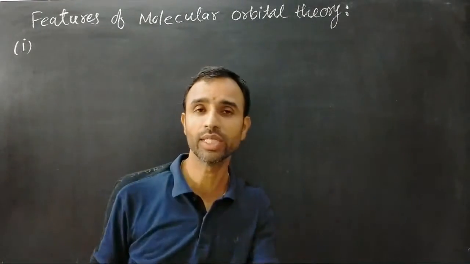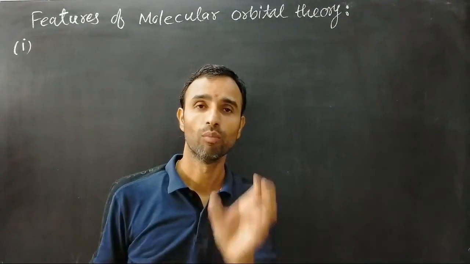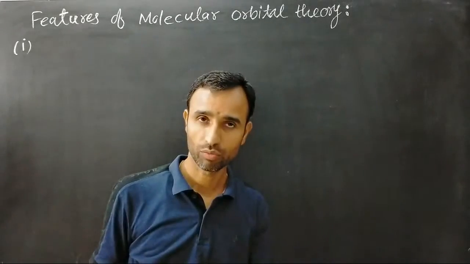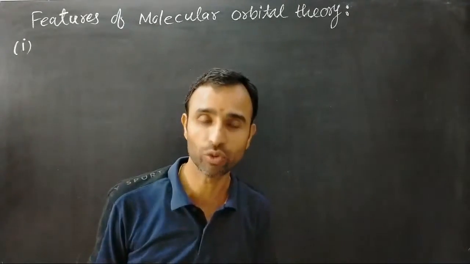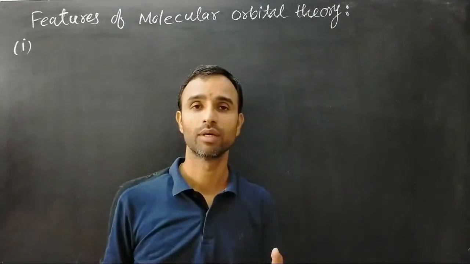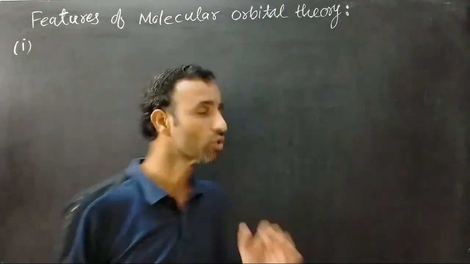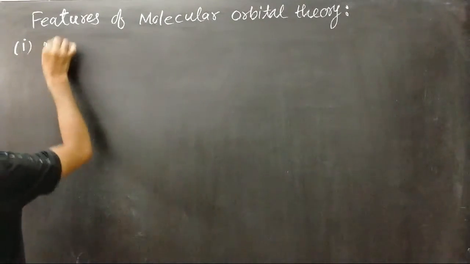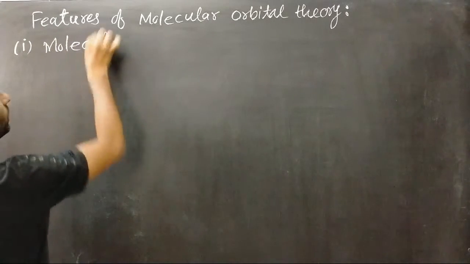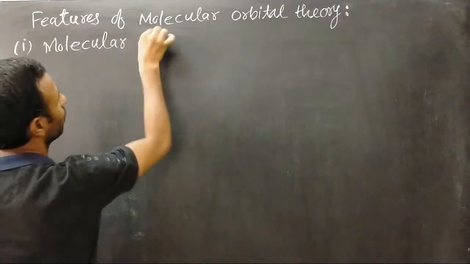Molecular orbital theory is related to molecular orbitals, which belong to a molecule, and a molecule is a combination of atoms, right? So the first feature is the definition of molecular orbital.